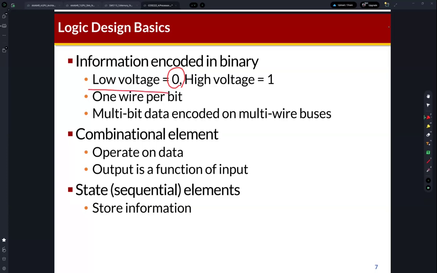The low voltage, like the ground, represents the value 0, and the high voltage, like the supply voltage VDD, represents the data 1. By using this, a CPU can figure out the data. So this is some binary data.